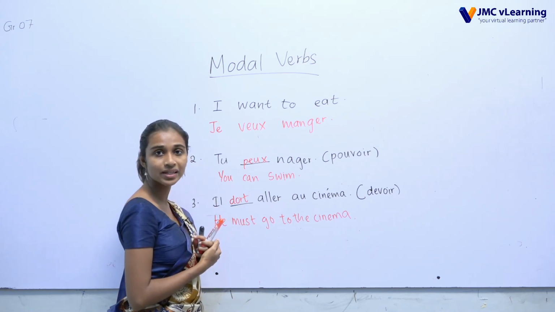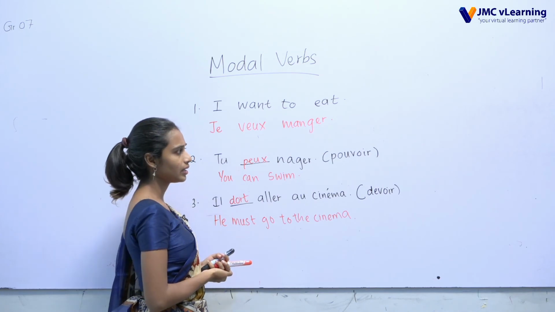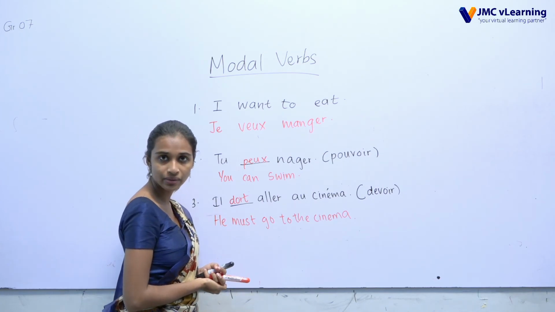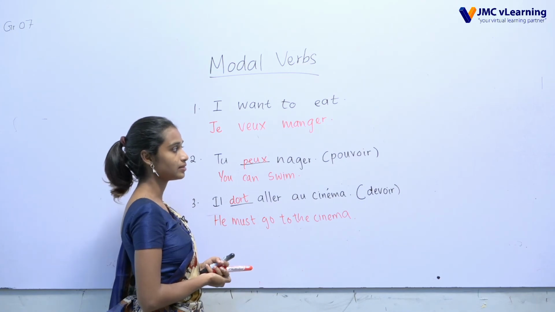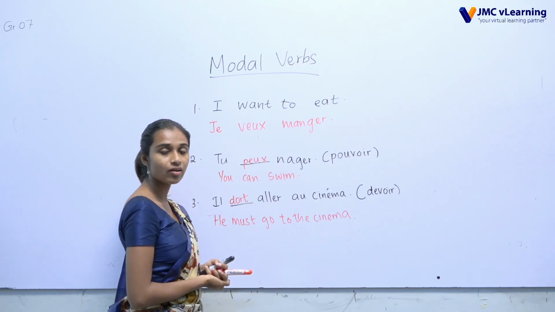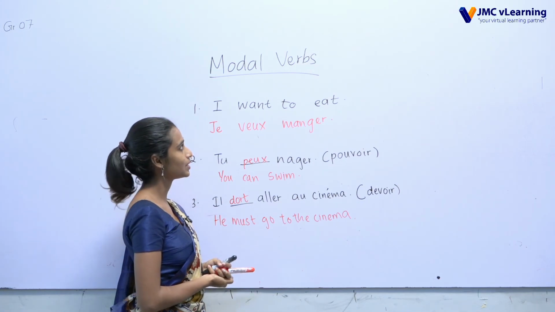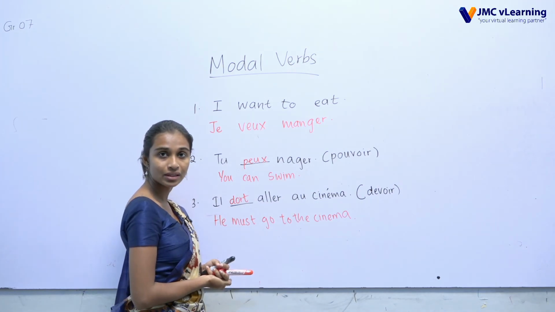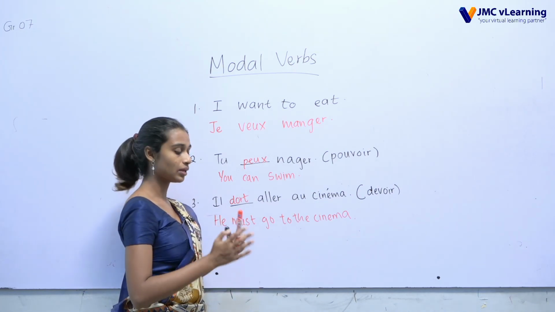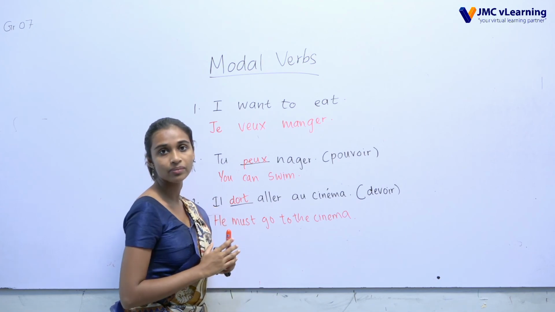Modal verbs as well as auxiliary verbs. I hope you all understood what I taught you up to now. Right? So you have to learn by heart the auxiliary verb conjugations as well as the modal verb conjugations in order to create even a very basic sentence.